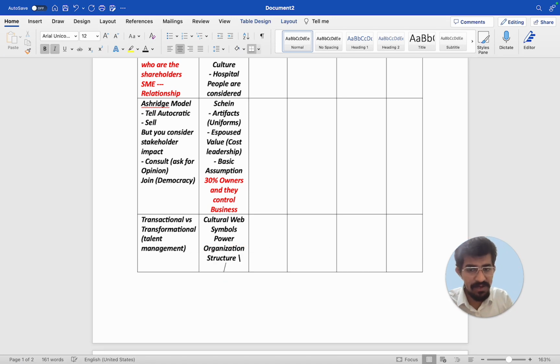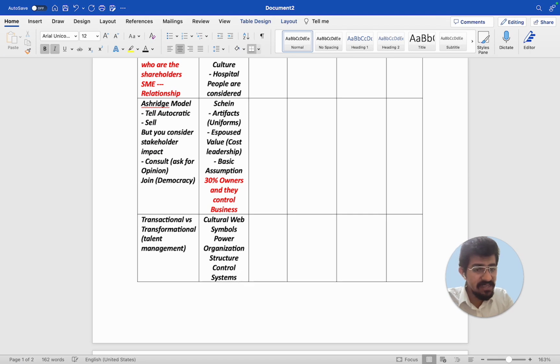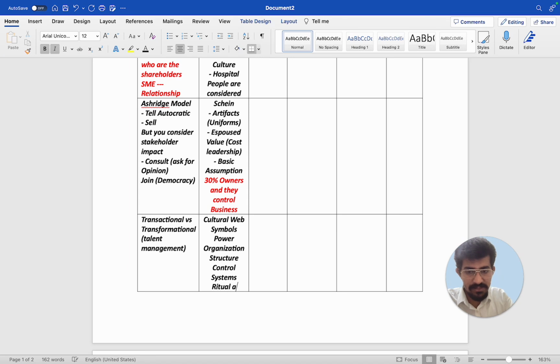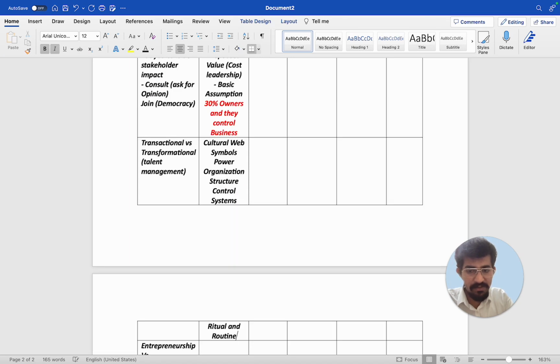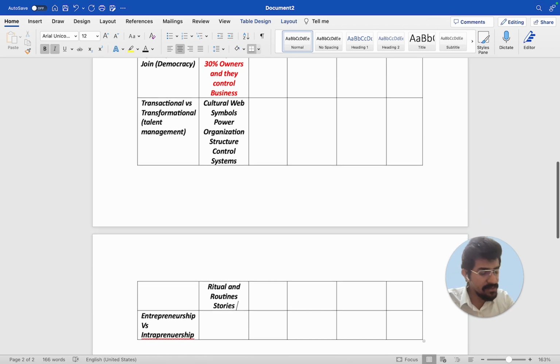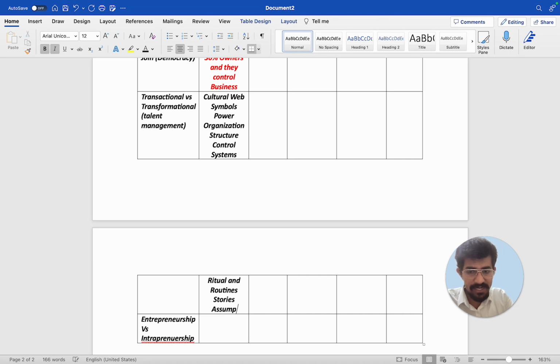And then the other factor we have to think about is the control system. They have given a risk register. Can you remember, students? One risk register has been given, the control system. Then rituals and routines. They have not given much about this at the moment. There needs to be something. Stories are there, but they have not branded the stories, and the assumption factors are also there.